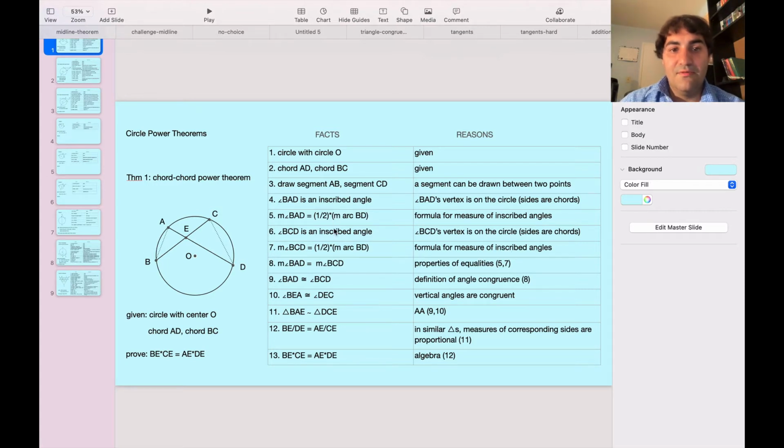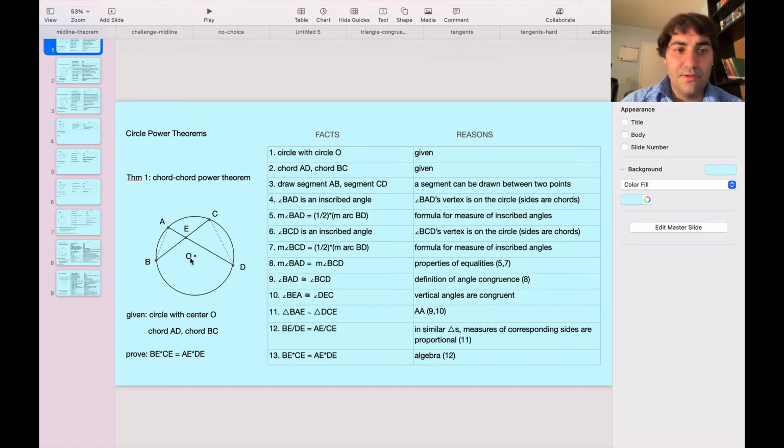So if we look at statement 5 and statement 7, this 1/2 times the measure of arc BD appears in both of these equations, right? So we can set them equal, and we get the measure of angle BAD equals the measure of angle BCD. By the definition of angle congruence, angle BAD is congruent to angle BCD.